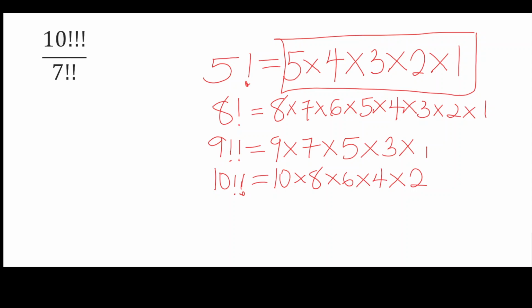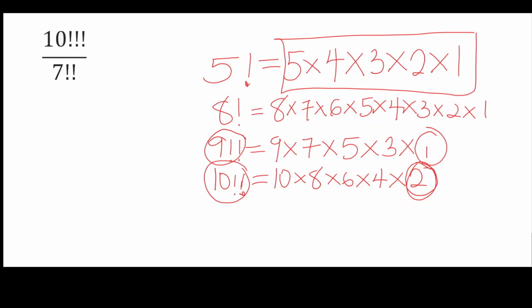So for even numbers, you are going to be ending at 2 as much as you are given a double factorial. So when you are given double factorial, in the case of an odd number, you end at 1, and in the case of an even number, it's going to end at 2.